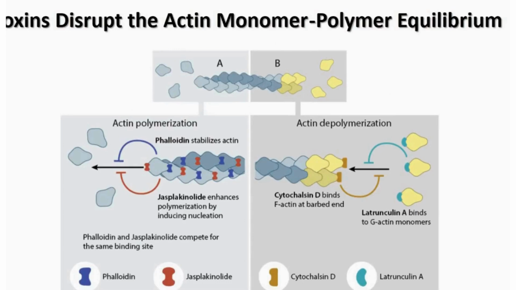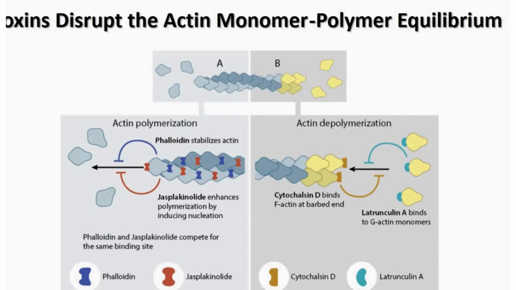Having studied the entire dynamics and mechanism of polymerization, it's time for us to understand some of the toxins and their pharmacological mechanisms, how these toxins disrupt the actin monomer-polymer equilibrium. We have two examples under actin polymerization and another two examples from actin depolymerization.